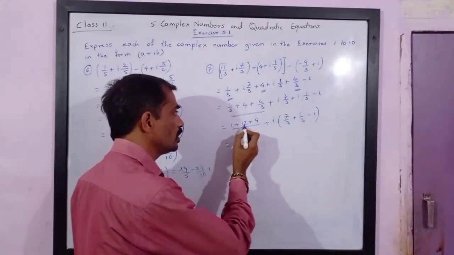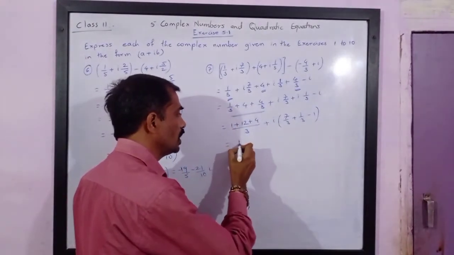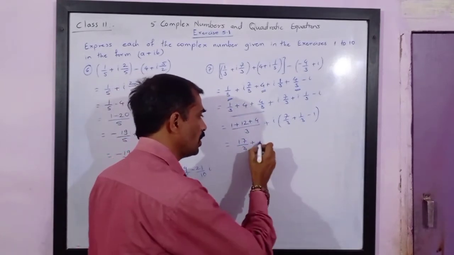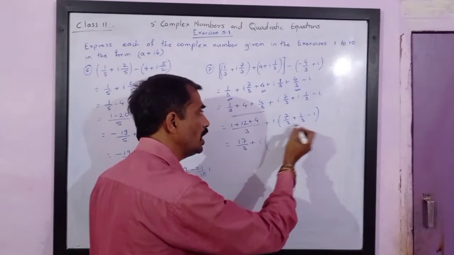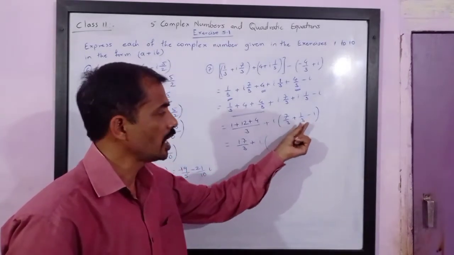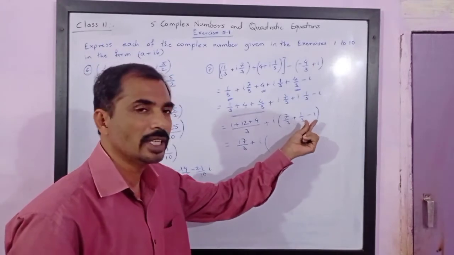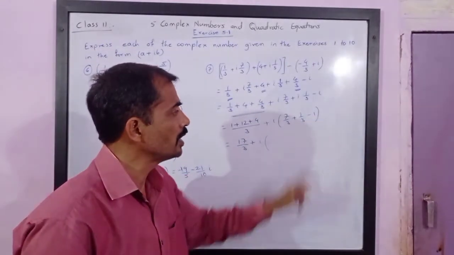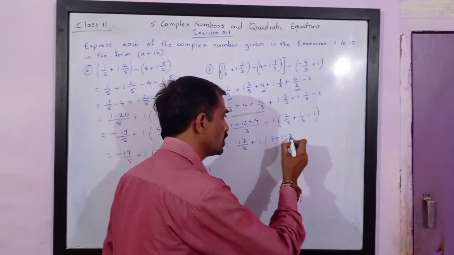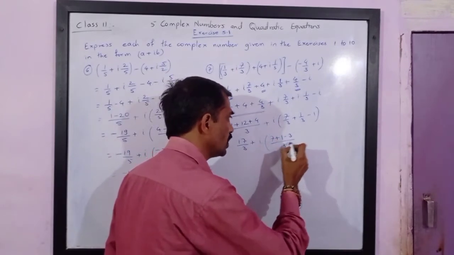So this is equal to 12 plus 1, 13 plus 4 is 17 upon 3 plus i multiplied by. Please note again, denominators are not same, so we cannot do the addition and subtraction of these fractions. We need to make the denominators same. So multiply last term by 3. You will get 7 plus 1 minus 3 upon 3.